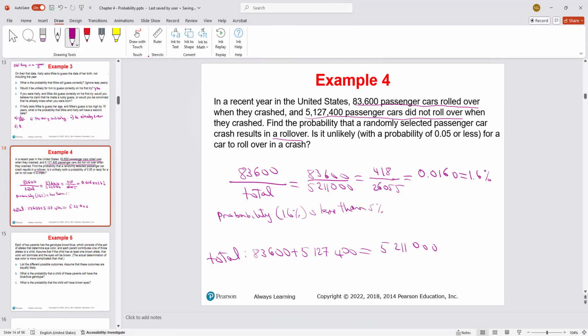So yes, in a passenger car crash, a rollover is unlikely.